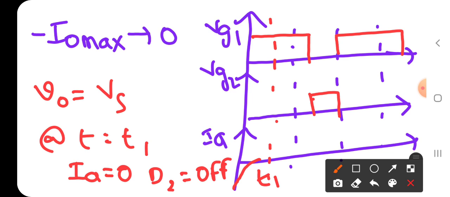And as CH1 is already having the gate pulse, hence it is turned on.